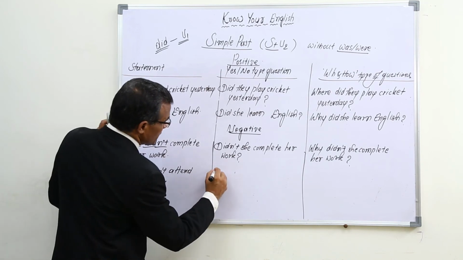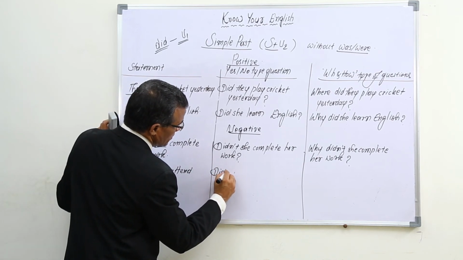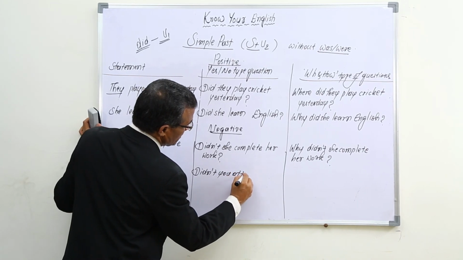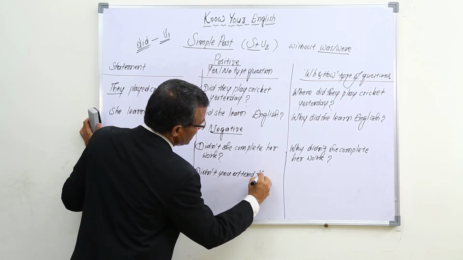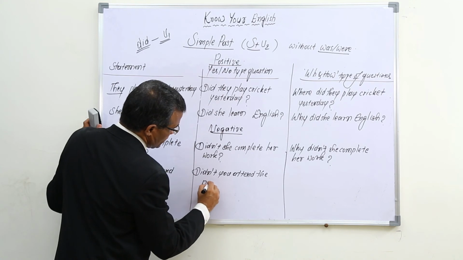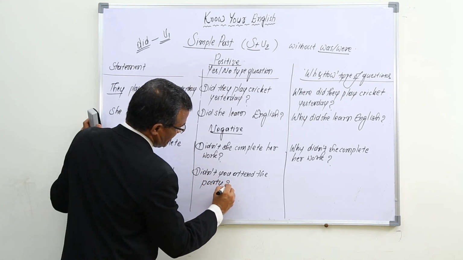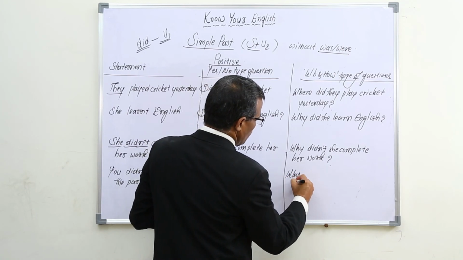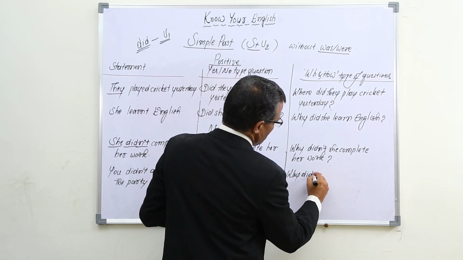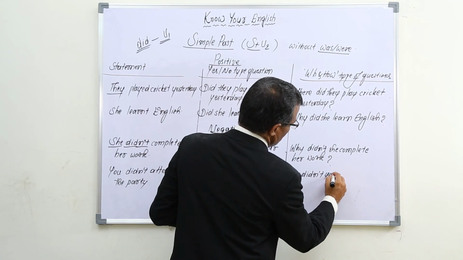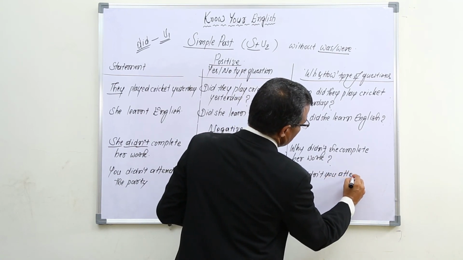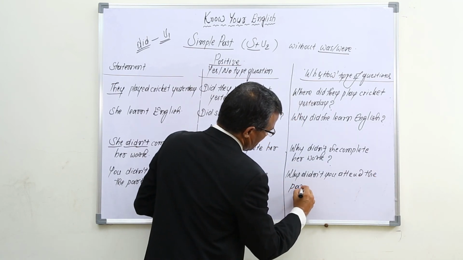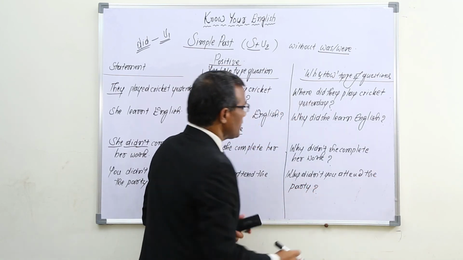The question is, didn't you attend the party? Didn't you attend the party is a yes or no question. And if you use why: why didn't you attend the party? So in this way we put questions.